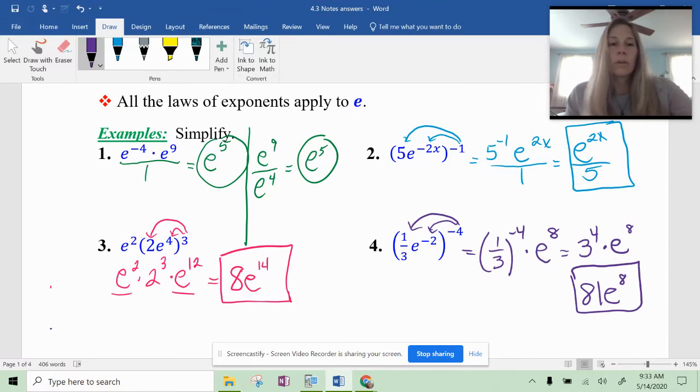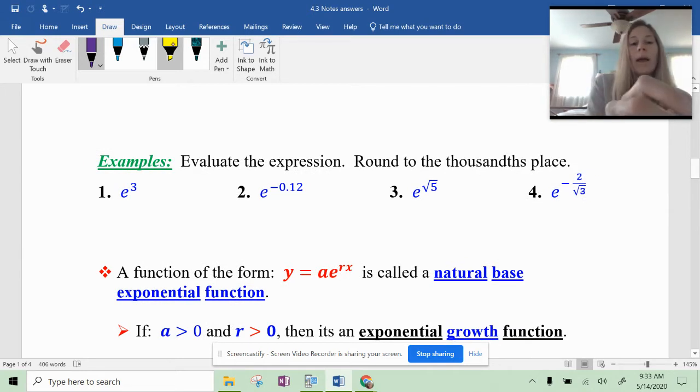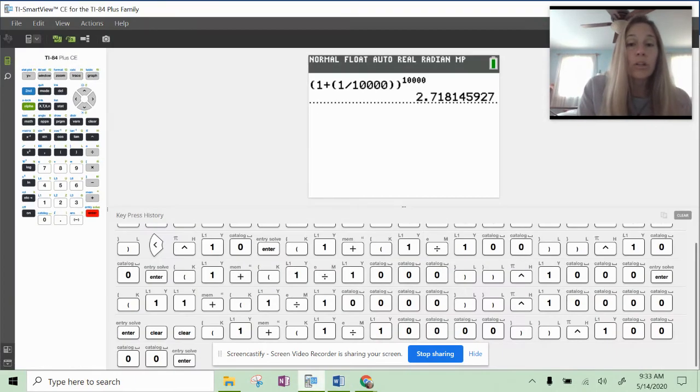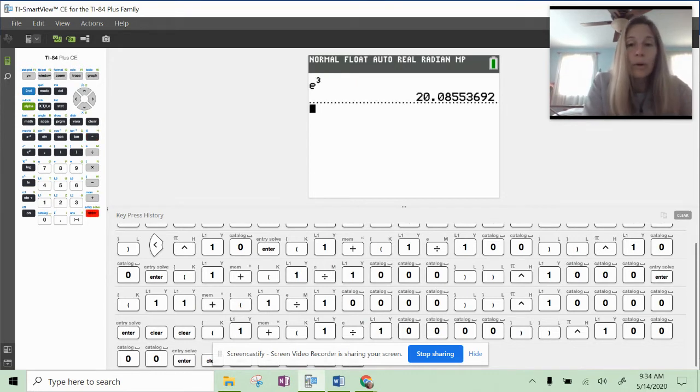Okay, so moving on to the next page, evaluating the expression, and it says round to the thousandths place. So we're just going to be putting these in on the calculator just to make sure you're familiar with how to do that. Like I showed you before, if you're going to do e to the 3rd power, you've got two options. You can use the little e that's right above your divide sign and then use the caret to raise it to the 3rd power.